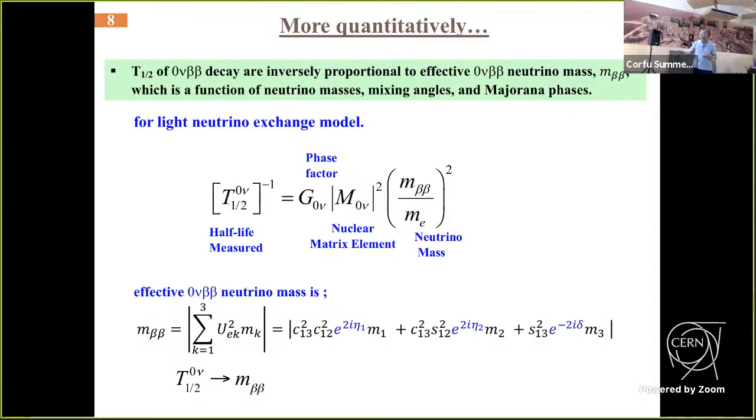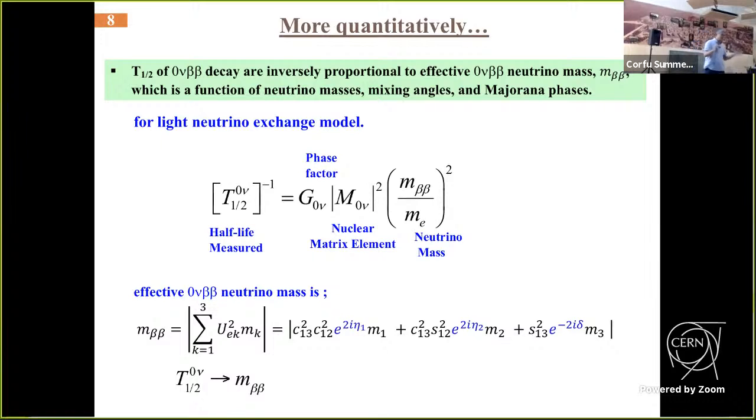So this is the derived formula for the neutrinoless double decay half-life. This is theoretically well established for this special model. There are a lot of mechanisms that can produce neutrinoless double decay, but this is the standard model we want to stick to.